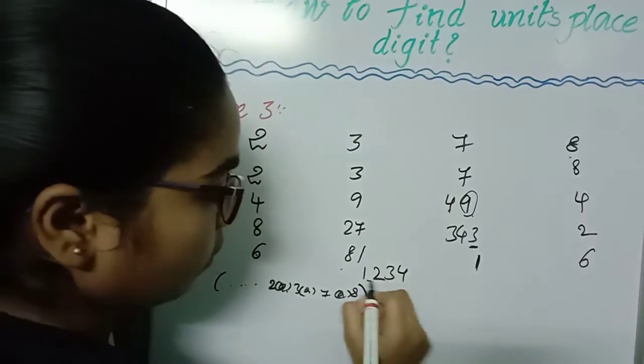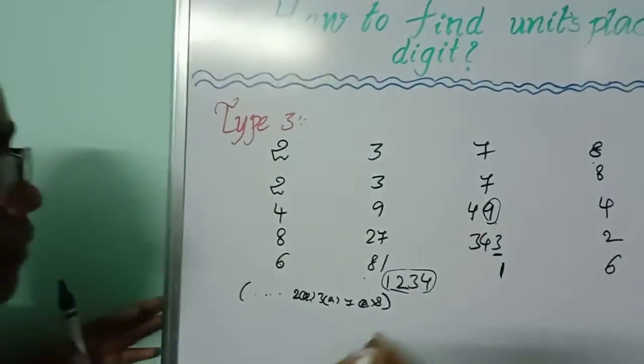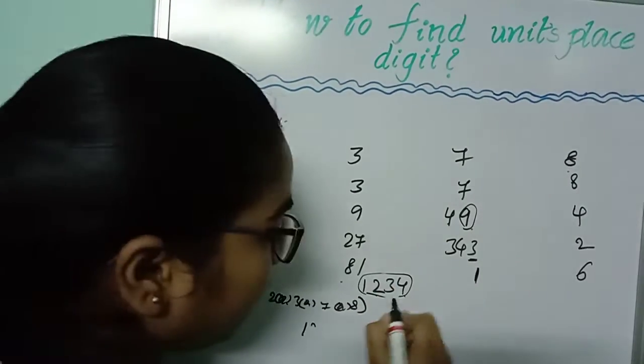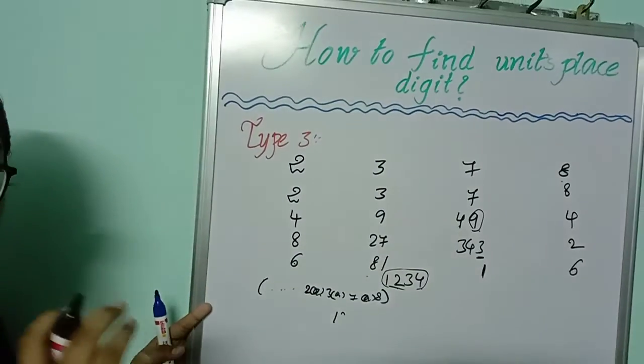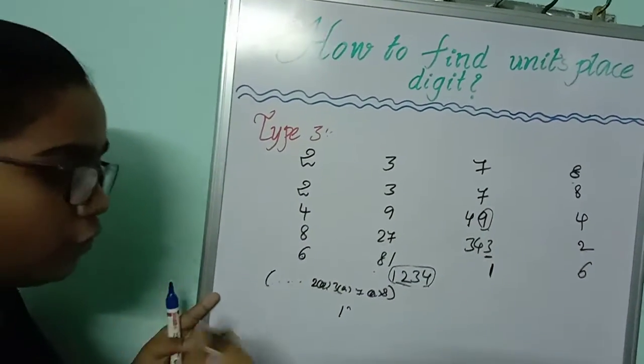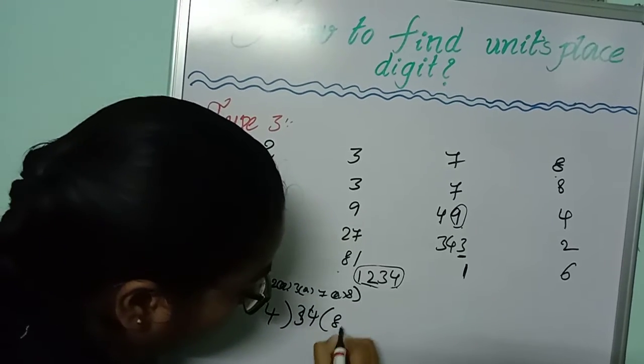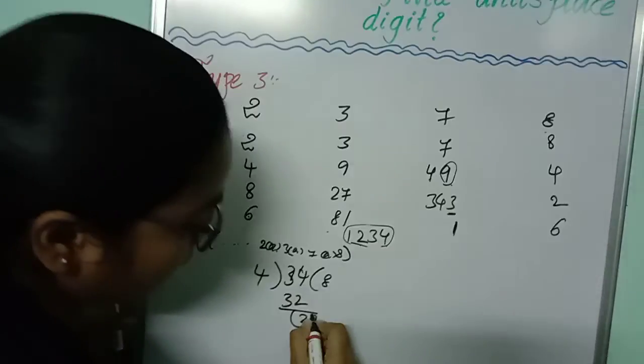For example, let us take 1234. First we have to divide the power by 4. The divisibility rule of 4 is that the last 2 digits should be divisible by 4. So I am taking 34. 4 8s are 32, so the remainder is 2.